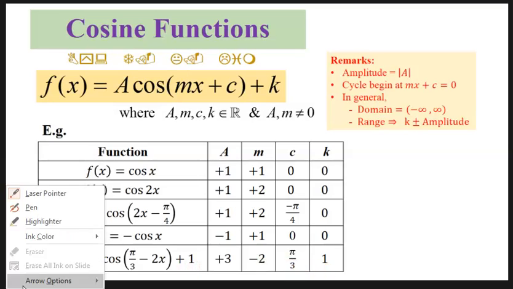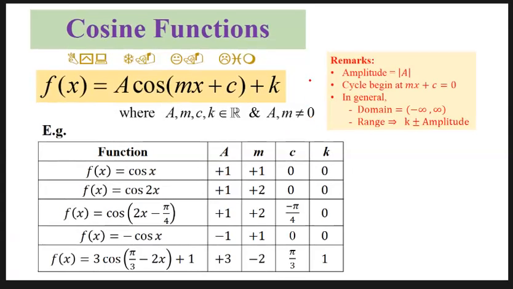Besides this form, there are some things we need to take note of, similar to the case of sine. Cos also has an amplitude, and we get the amplitude by taking the coefficient of cos and applying the modulus. What is amplitude?